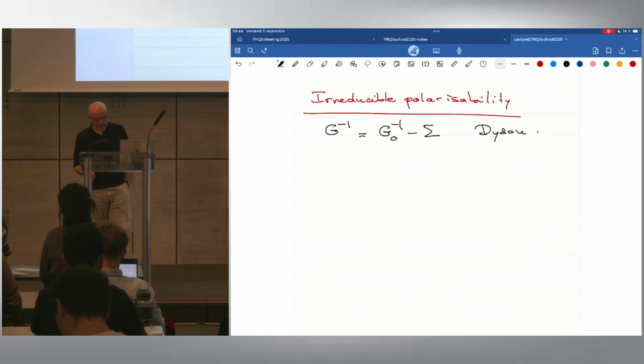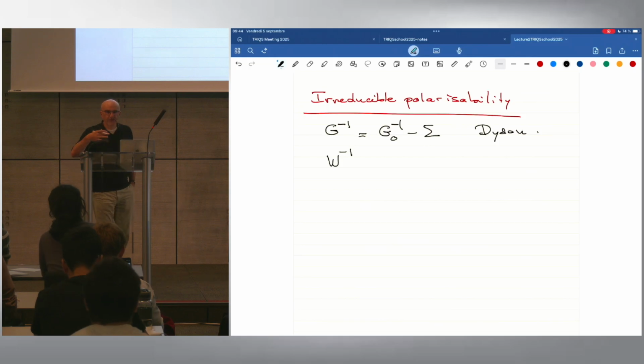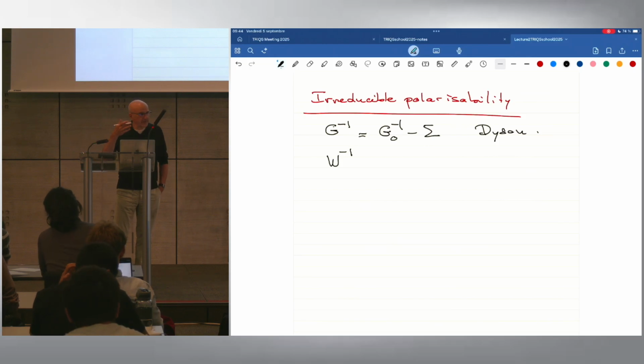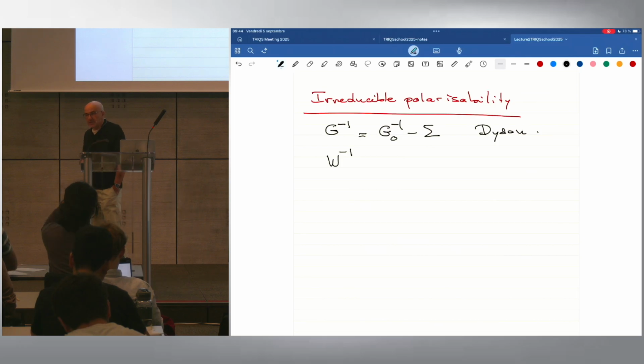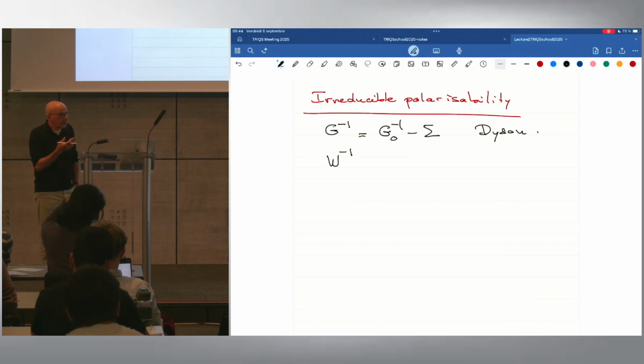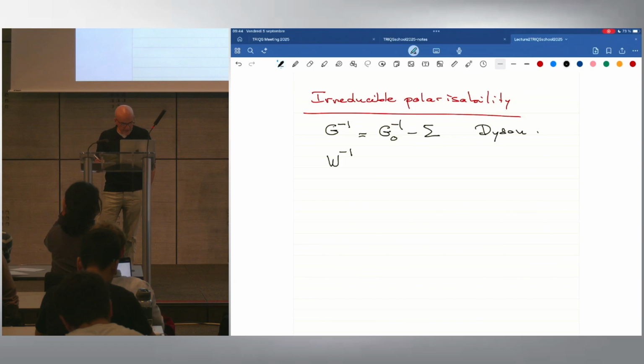Exactly in the same manner, when we have a screened interaction W, I can take its inverse. The inverse is an inverse in the sense of an inverse of an operator, W of R, R prime in space, right? If it was spatially translational invariant, the kernel would just be 1 over W of Q, but in general you have to invert the two position function, and that gives you some sort of Green's function.